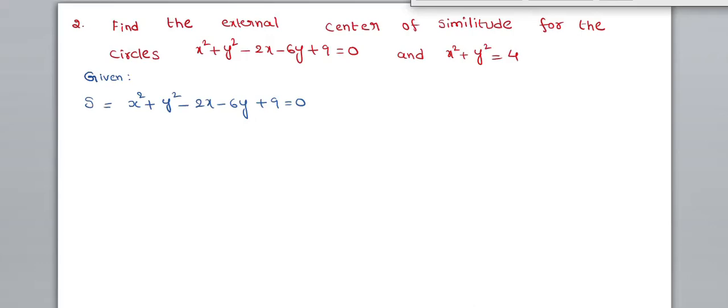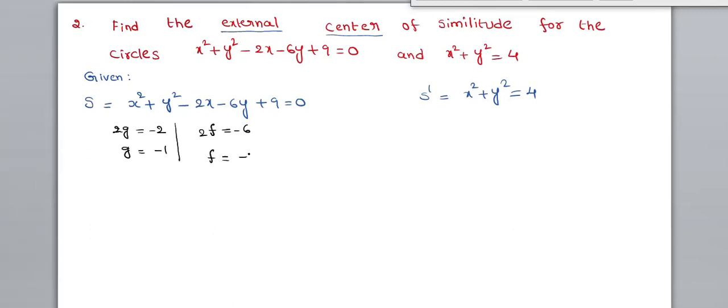Next, find the external, not internal, external center of similitude for the circle S equal to x square plus y square minus 2x minus 6y plus 9 equal to 0, and another circle S dash equal to x square plus y square plus 4x equal to 4. Okay, no problem. Comparing with x square plus y square plus 2gx plus 2fy plus c equal to 0: 2g is equal to minus 2, g value minus 1, 2f equal to minus 6, f equal to minus 3, c value 9.